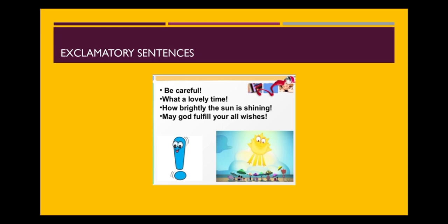How brightly the sun is shining. May God fulfill all your wishes. Now you can see all these sentences end with a sign of exclamation, and these sentences express some strong feelings. So I hope the concept of exclamatory sentence is now clear to you all.